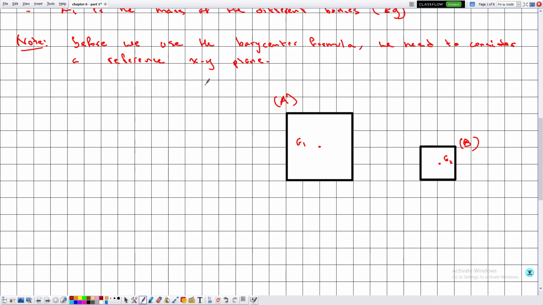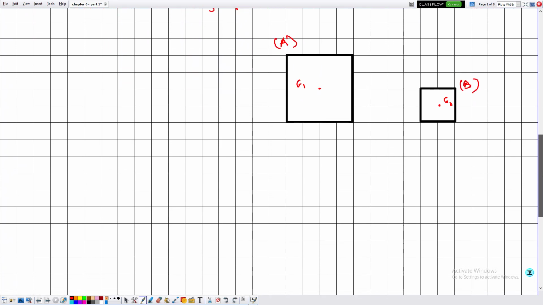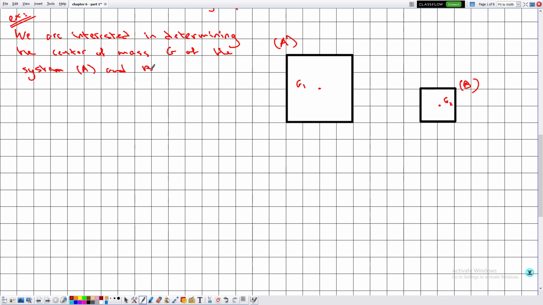So this is an example. We are interested in determining the center of mass G of the system A and B.